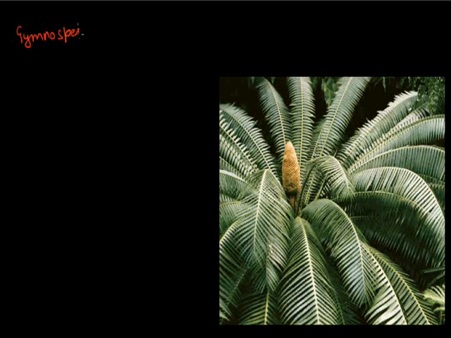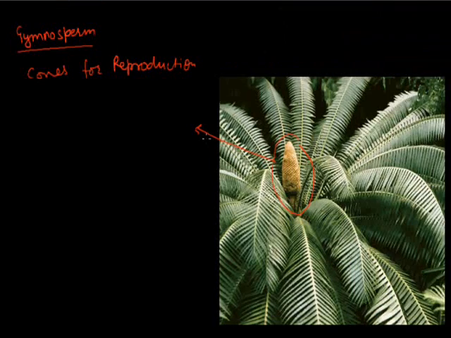Gymnosperm having the cones for reproduction in the plant body. It means seeds are formed in the cones. This is the male cone of cycas. So this is the cone which is present in the plant body, and this plant is called the cycas.